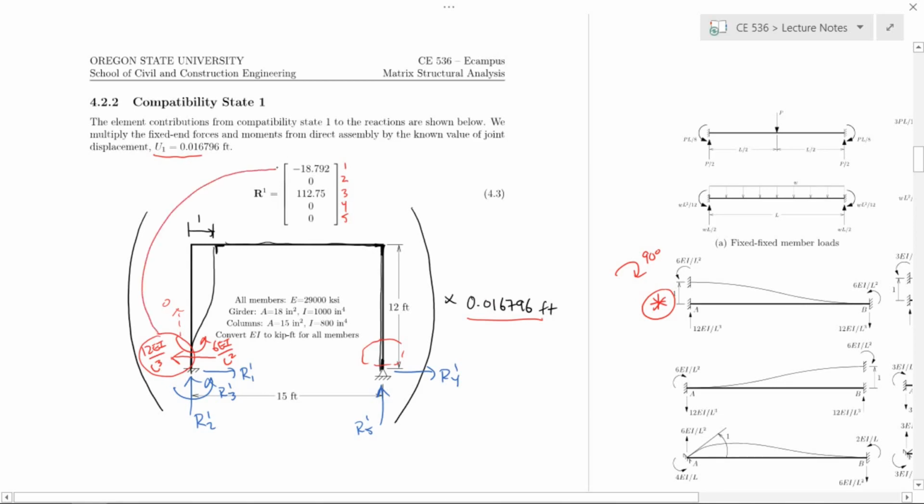So negative 12 EI over L cubed times 0.061796 should give you negative 18.792 kips. R3 is going to be positive 6 EI over L squared times 0.061796, and that'll give you this contribution right here. The other three contributions for 2, 4, and 5 are all zeros. We'll keep this vector, because we're going to use it to sum things up at the end.